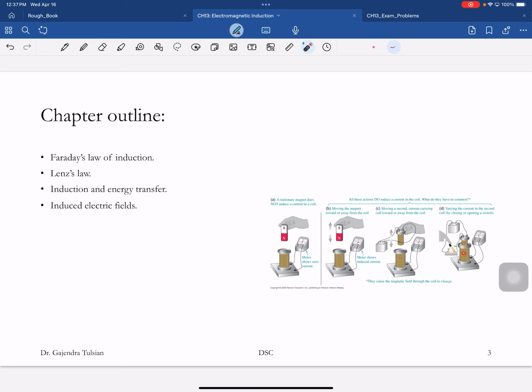How about here? Okay, so when the switch was open, there's no current through this coil. When you close the switch, you induce a current, and the magnetic field inside that coil goes from 0 to its maximum value. And so for that fraction of time while the magnetic field is changing, you're inducing a current in this coil.